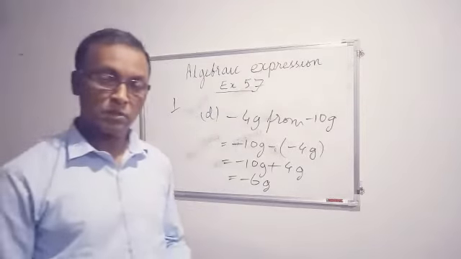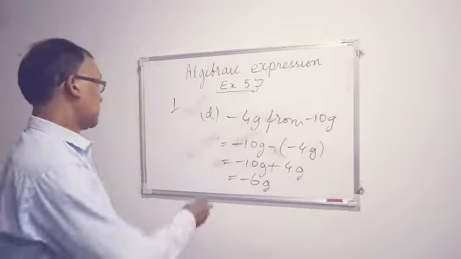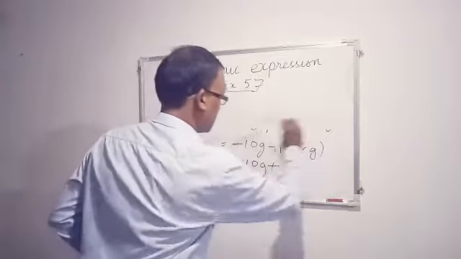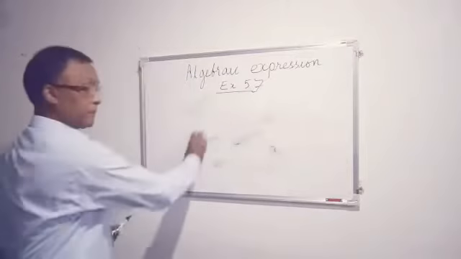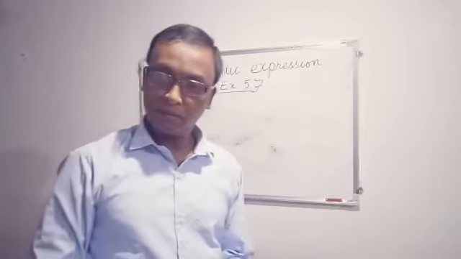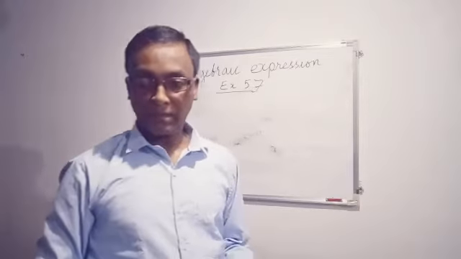I think it is clear with question number 1. So same way we'll proceed with question number 2. Here also, the sum is regarding subtracting the following expression using the vertical method.